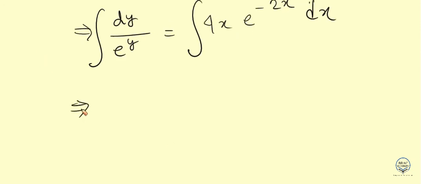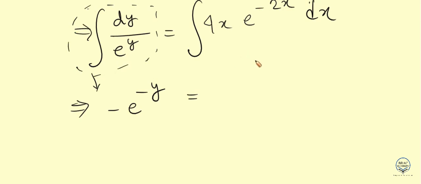So if you do it like this, then you will have minus e to the power minus y. That's the integration coming from this part. And here, first you can integrate e to the power minus 2x, and then you can use integration by parts.